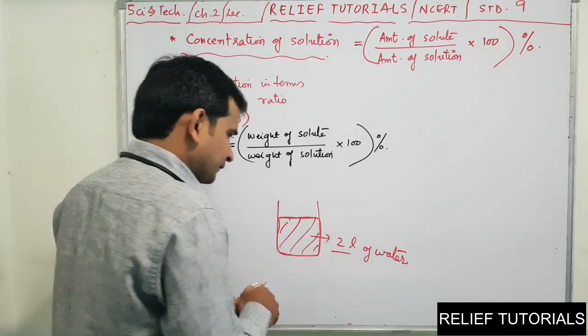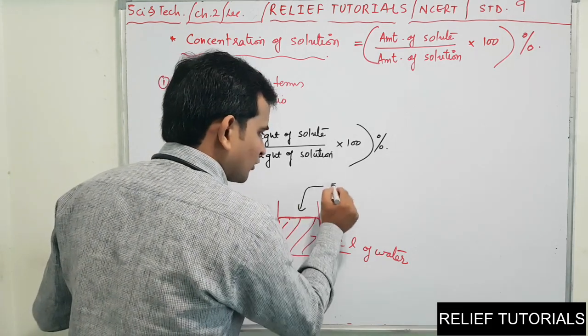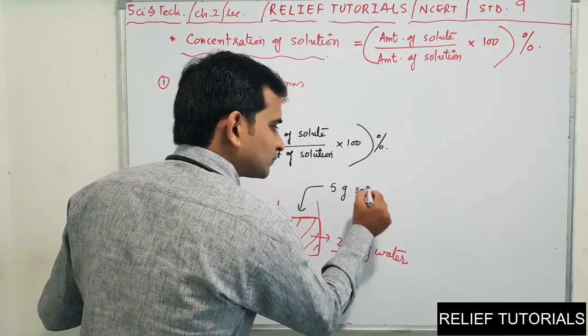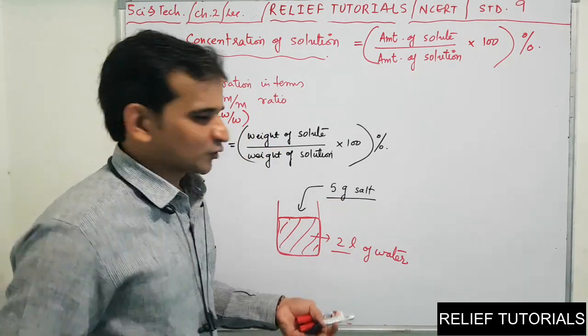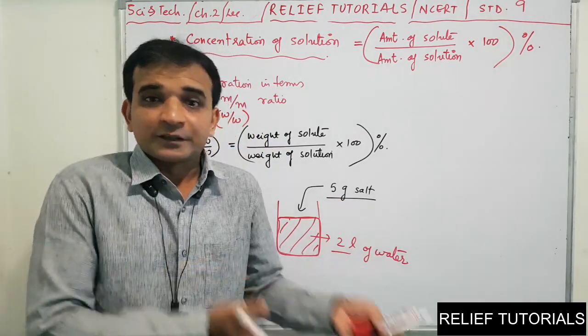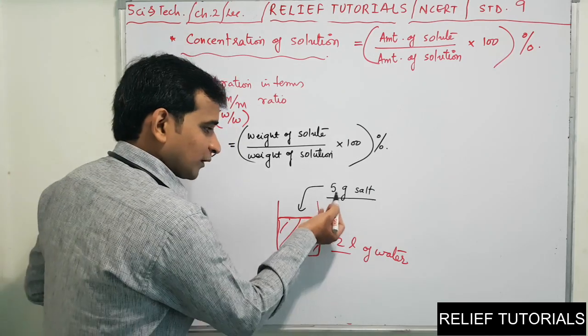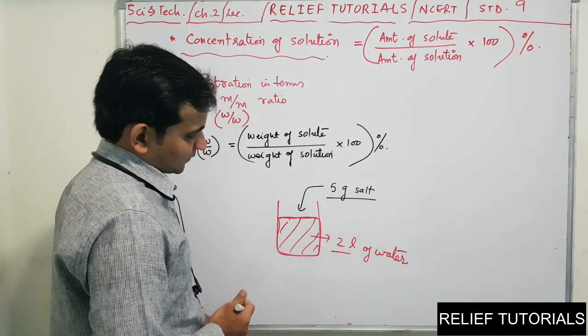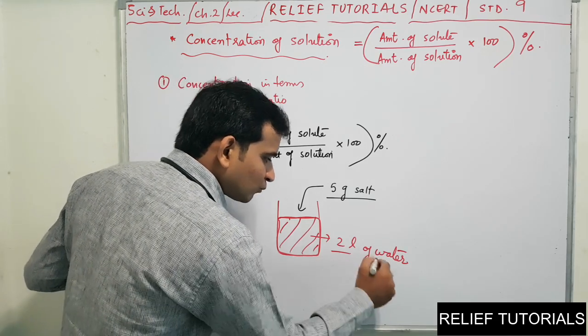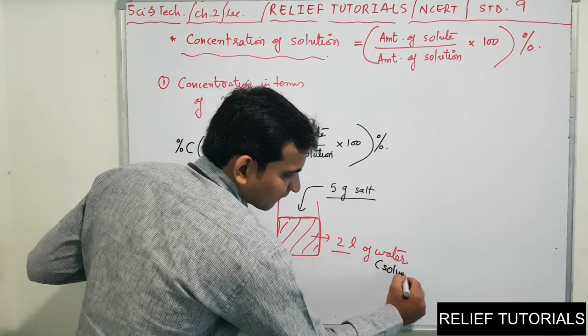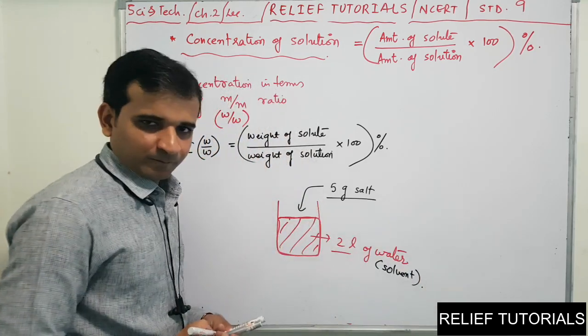Now let us add 5 grams of salt. Salt obviously is a solid one, so it cannot be represented in terms of liter. It is 5 grams salt. So 2 liter is the volume of solvent, the water.